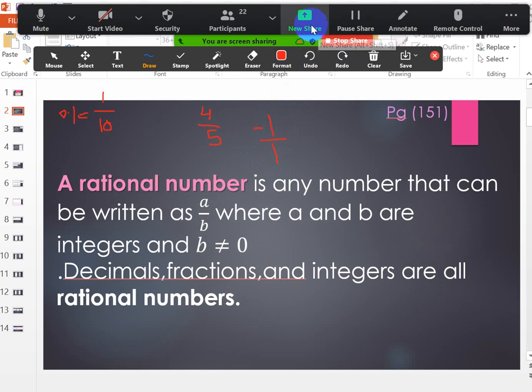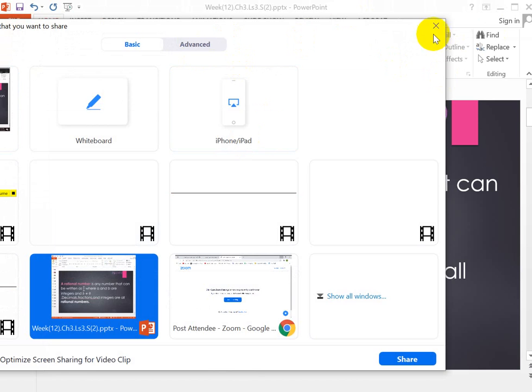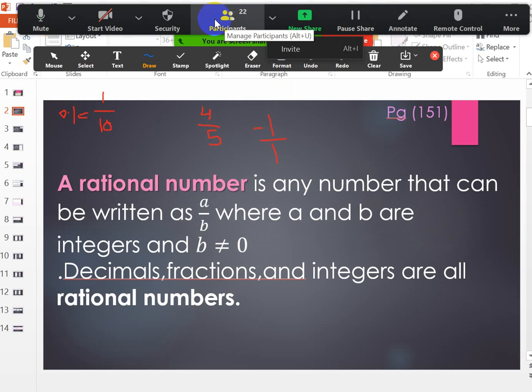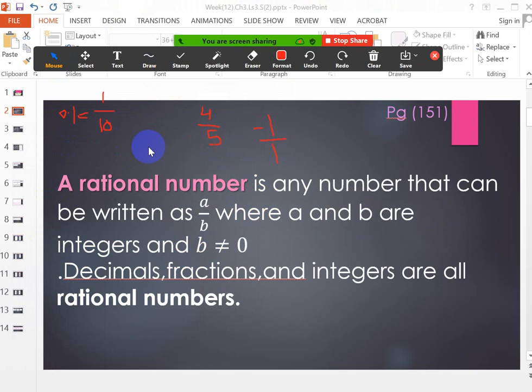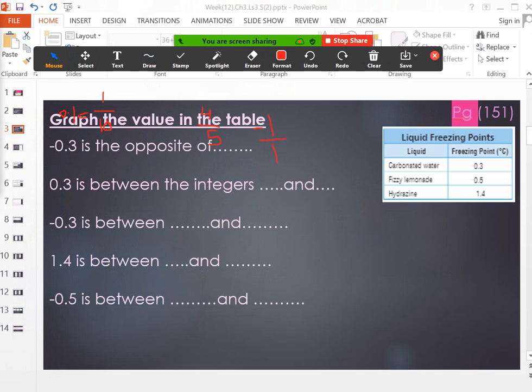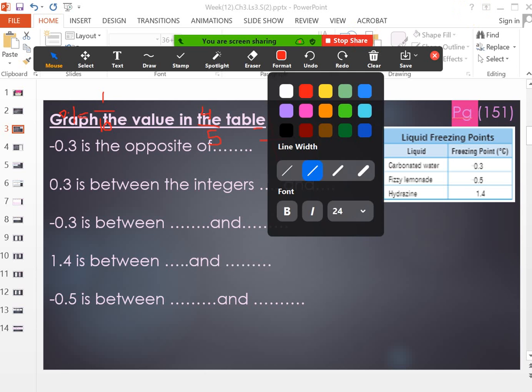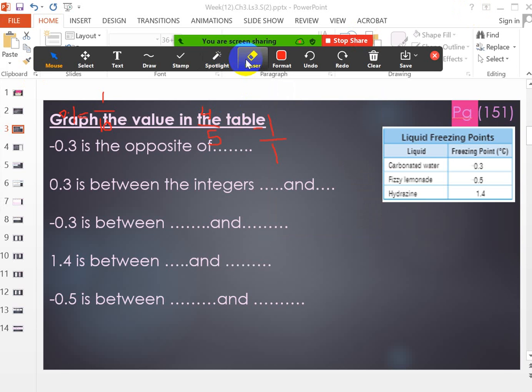Okay, so let's start with the first example here, to learn how to locate rational numbers on the number line. Look at this example on page 151. Graph the values in the table.